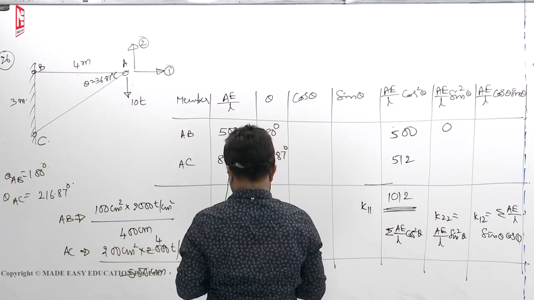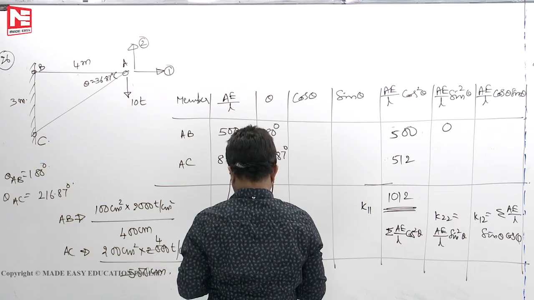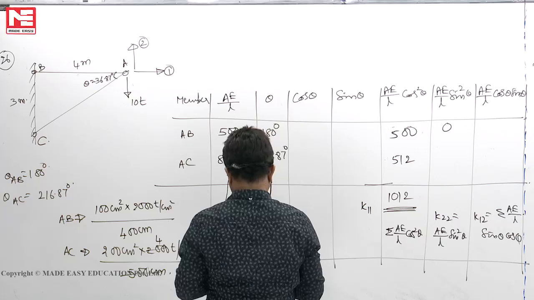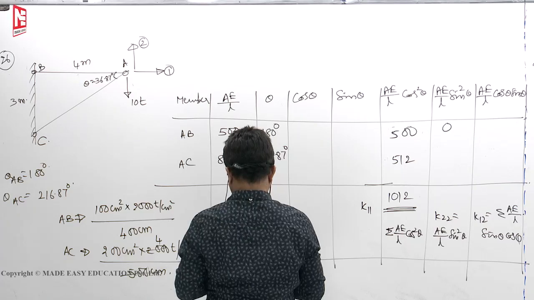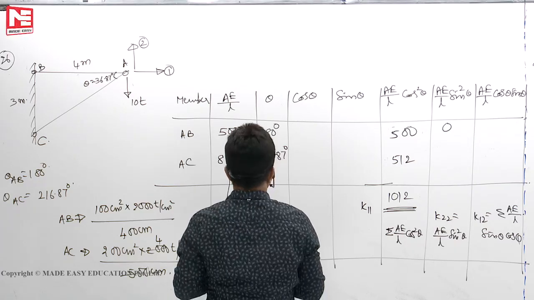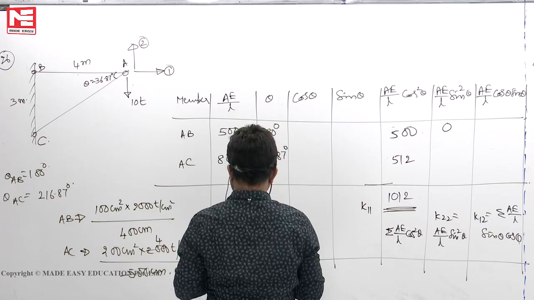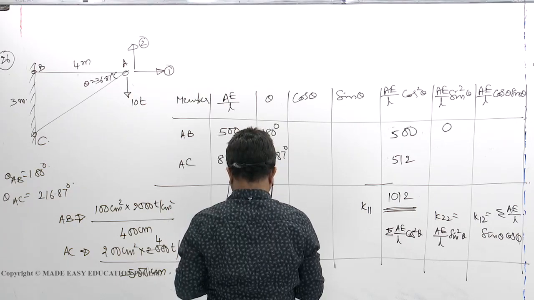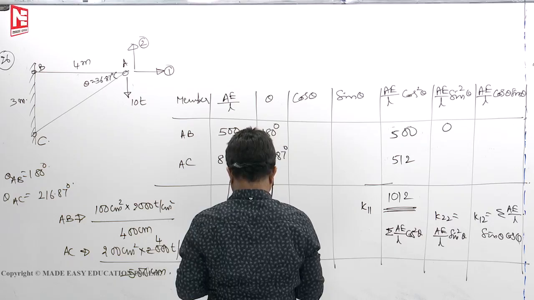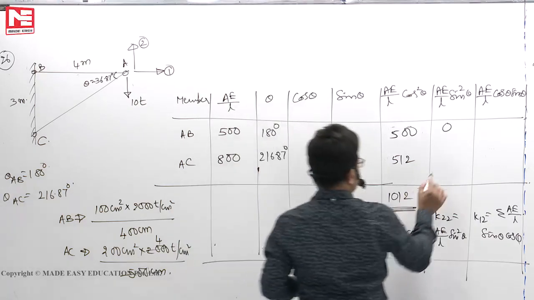Then minus 36.36 into 800. You will get 288.